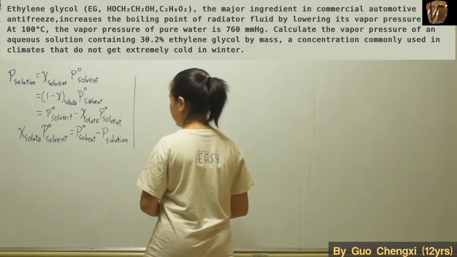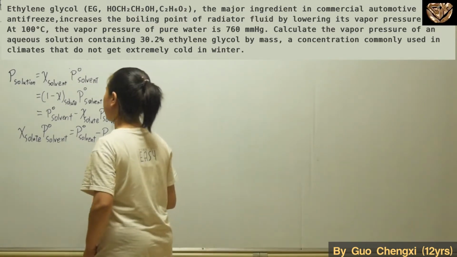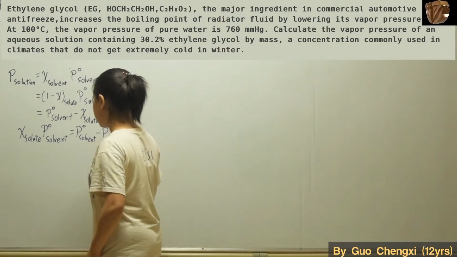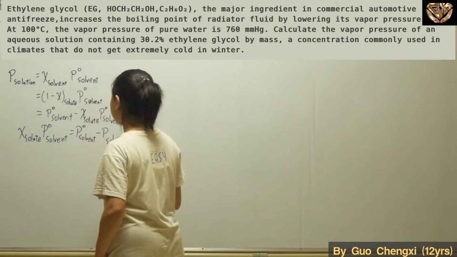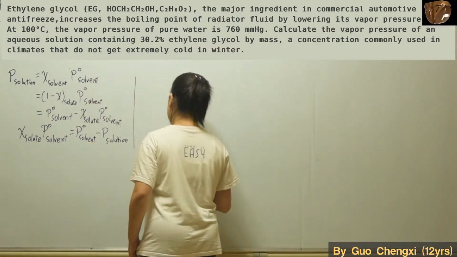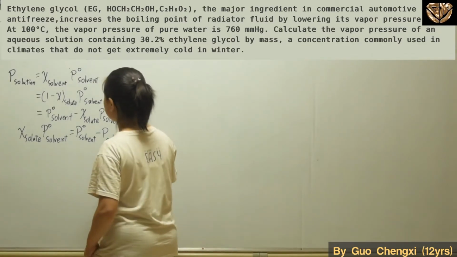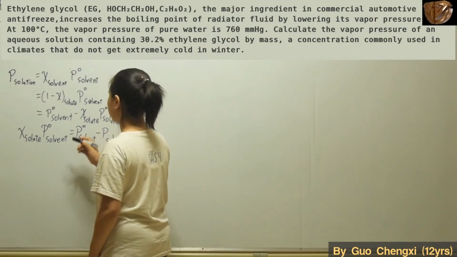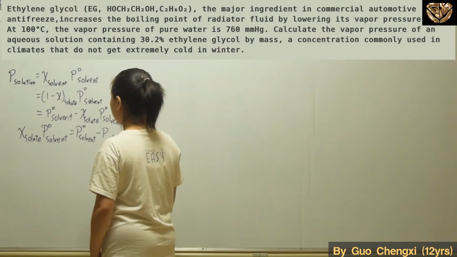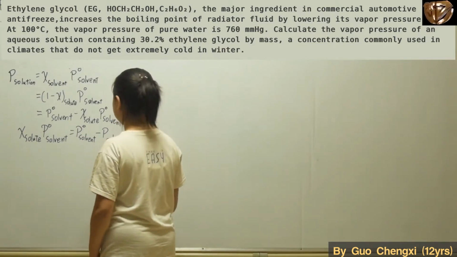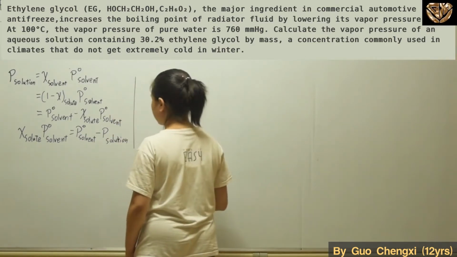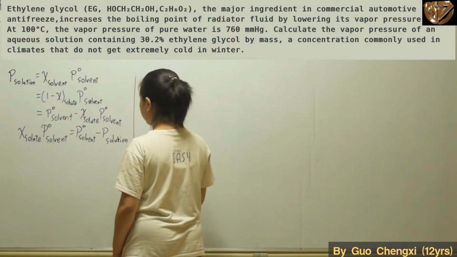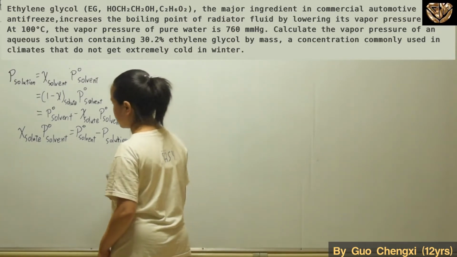What we have over here is the decrease in pressure between the pressure of the pure solvent vapor and the pressure of the solvent vapor above the solution.